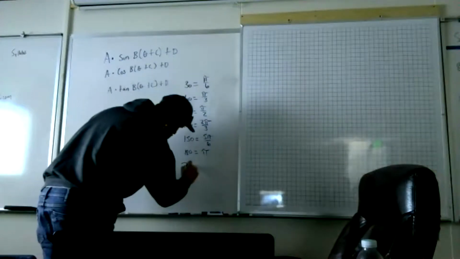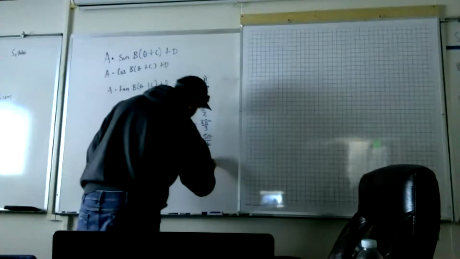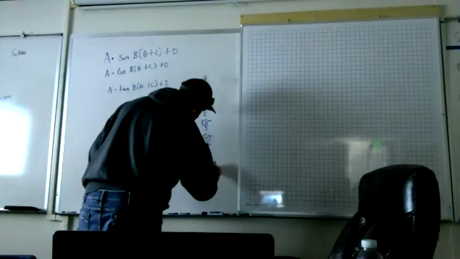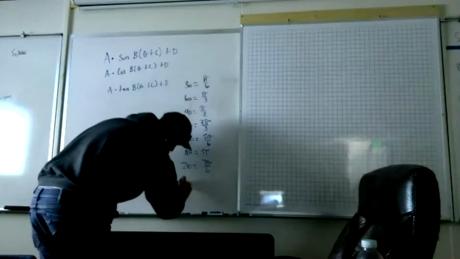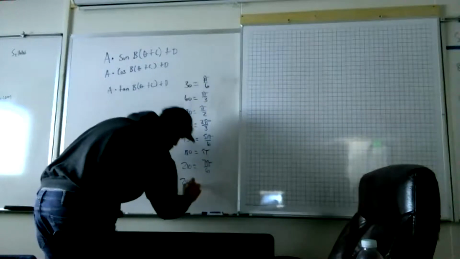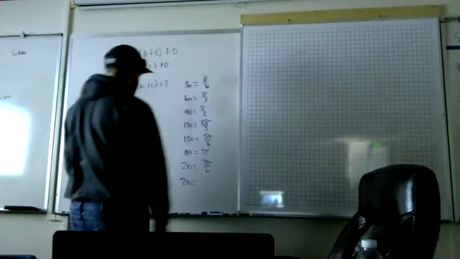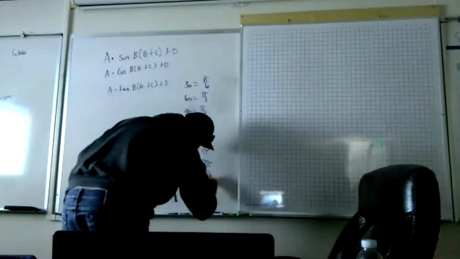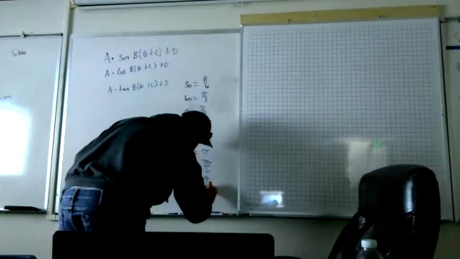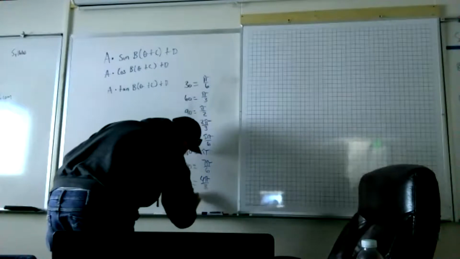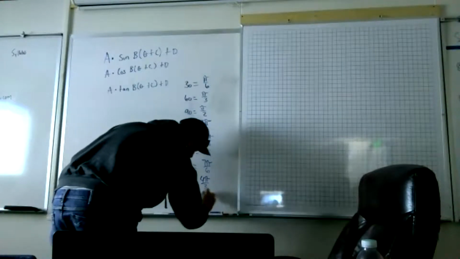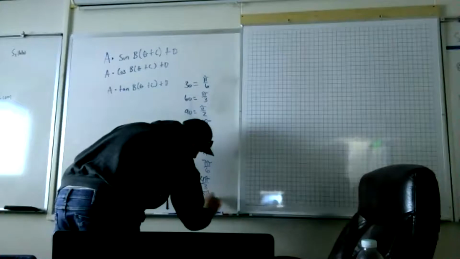Then you have 210 degrees, which is 7 pi over 6. 240 degrees is 4 pi over 3. 270 degrees is 3 pi over 2.